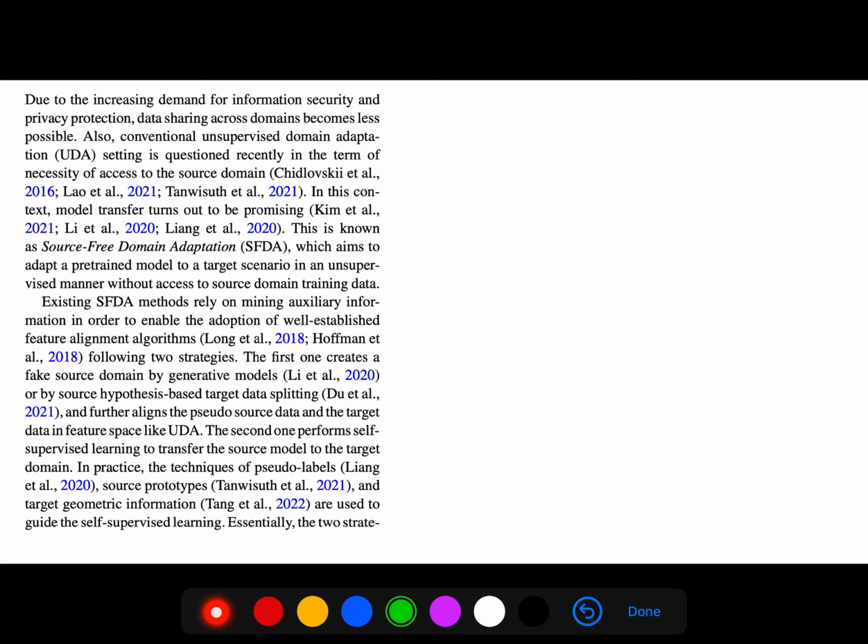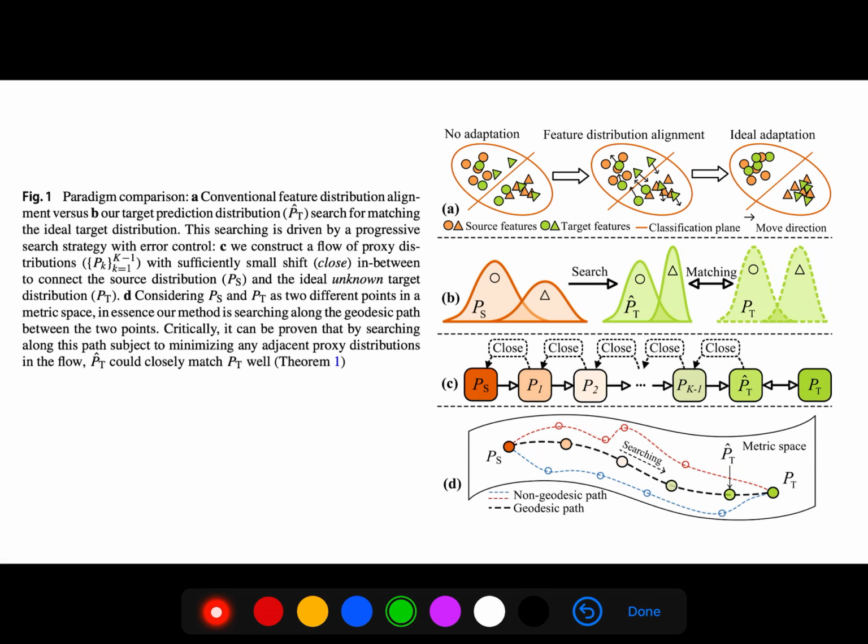So existing source-free domain adaptation methods rely on mining auxiliary information. You see the paradigm comparison in A here, that you see conventional feature distribution alignment versus B, that we have our target prediction distribution searching for matching the ideal target distribution.